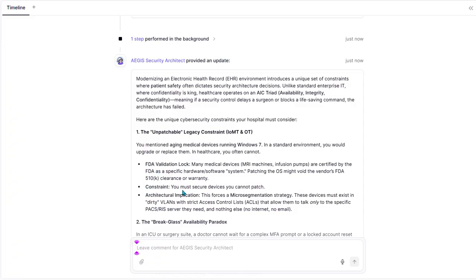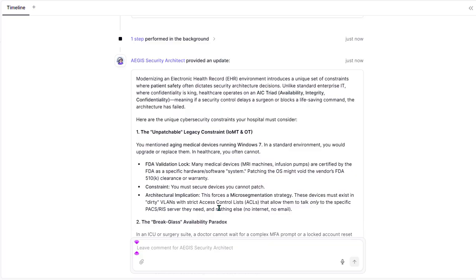The constraint is: you must secure devices you cannot patch. The next one is architectural implications. This forces a microsegmentation strategy. These devices must exist in isolated VLANs with strict access control lists that allow them to talk only to the specific PACS and RIS servers they need and nothing else.